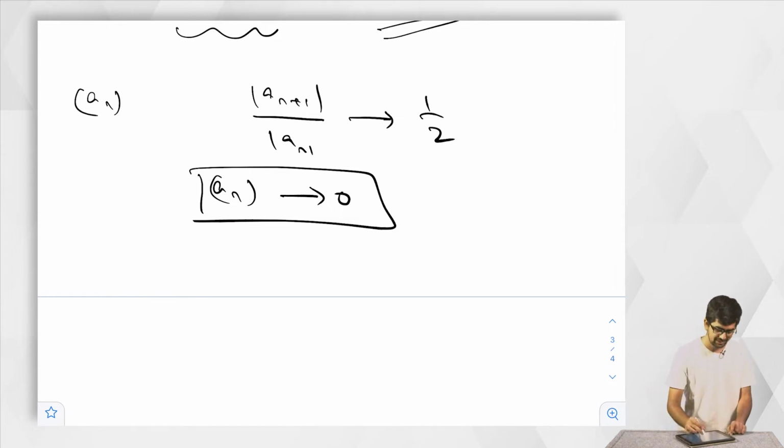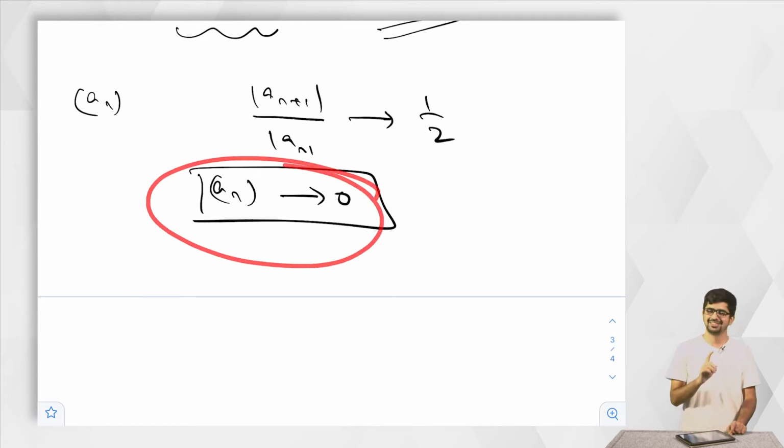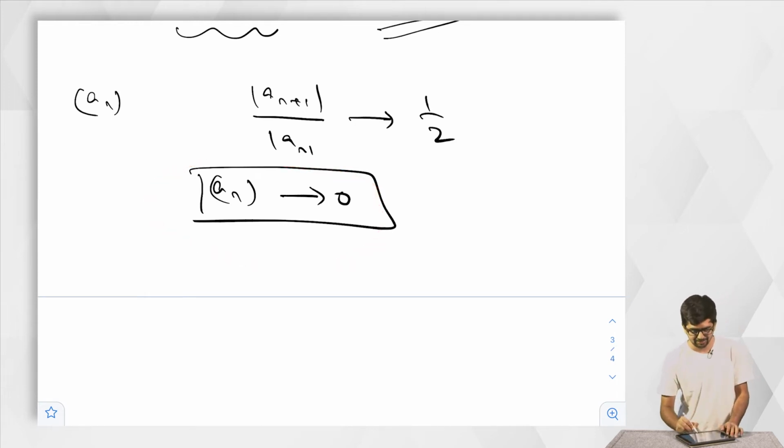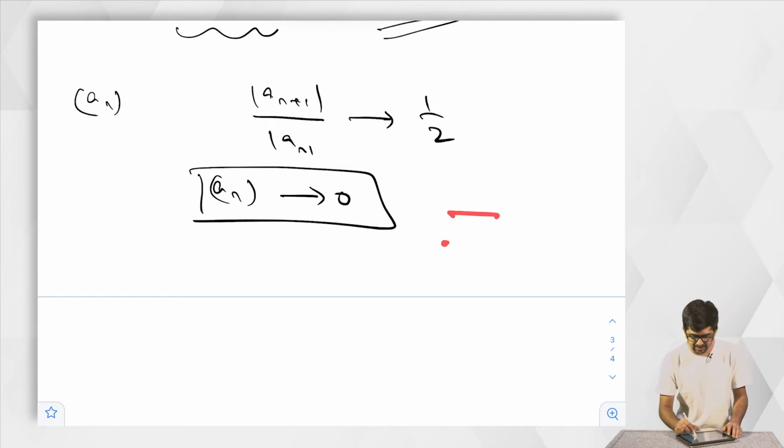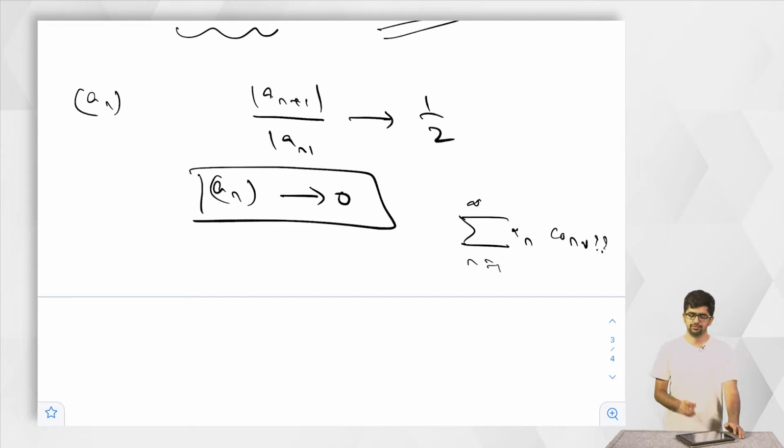So whenever we see some sequence that goes to 0, the first thing to ask is: do we know, for such kind of sequences with just this property, whether the summation of a_n, n equal to 1 to infinity, is convergent? This is what we should ask.